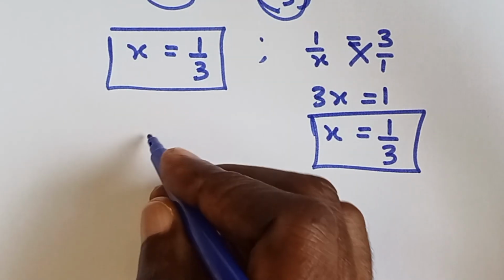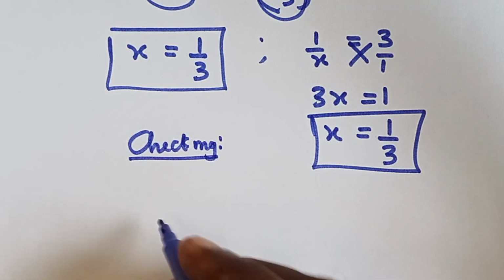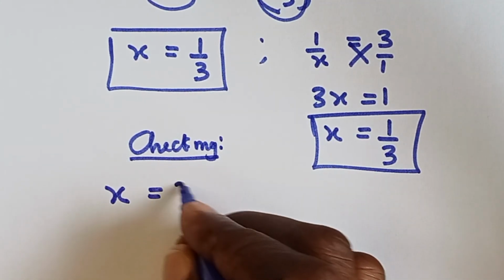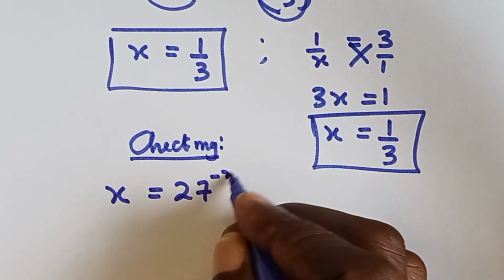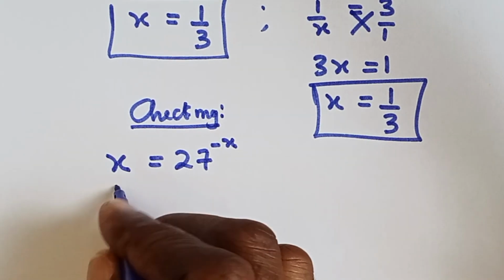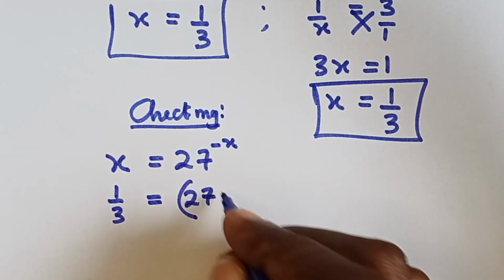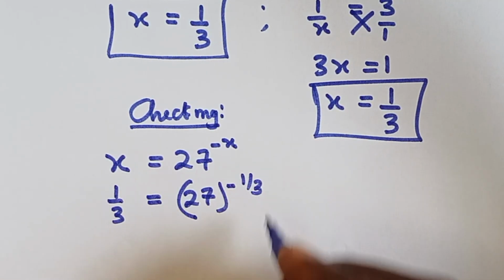Now let's quickly check to see if we are actually correct. We have x equals 27 raised to power minus x, and our x is 1 over 3. So 1 over 3 equals 27 raised to power minus 1 over 3.